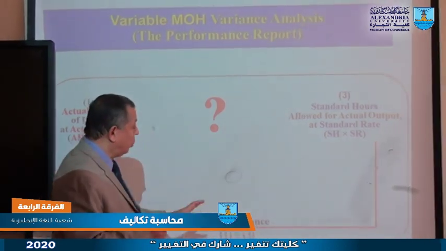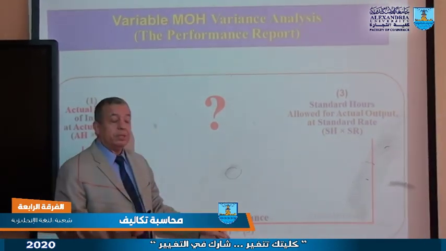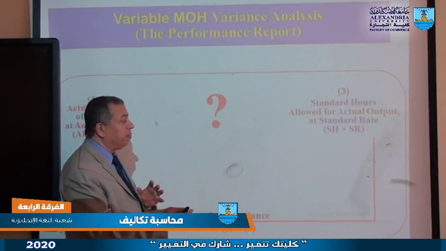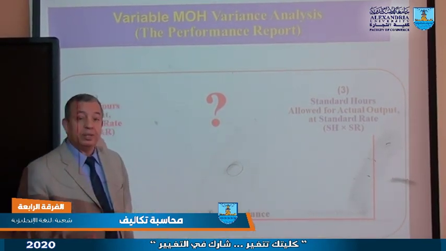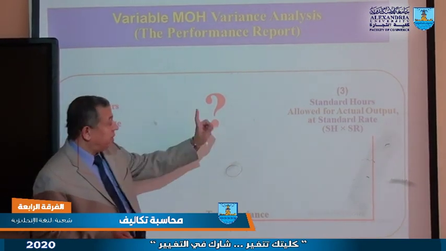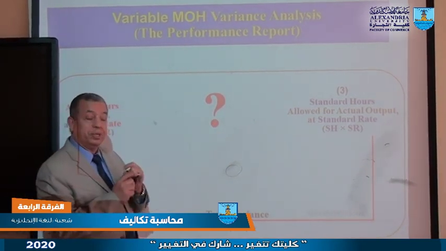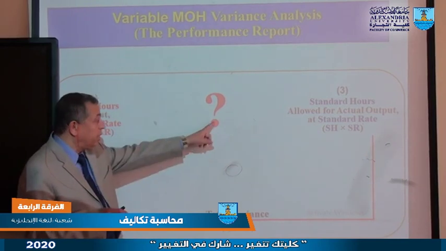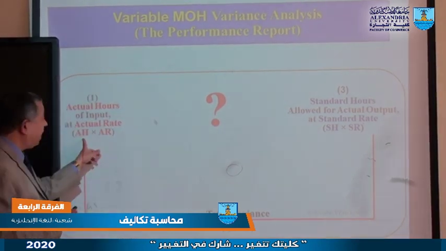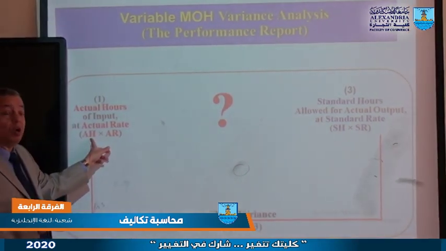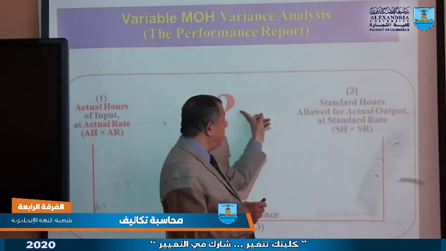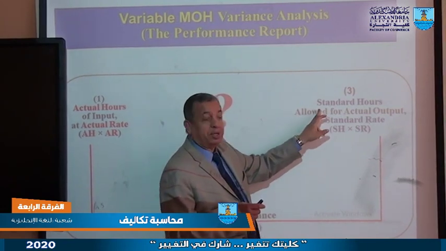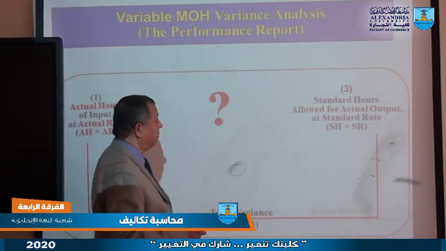How can you analyze this total between how much is the efficiency variance and how much is the spending variance here? Do you remember, like direct material, right, direct labor? Here I will take actual hours from actual cost and standard rate from standard cost here.